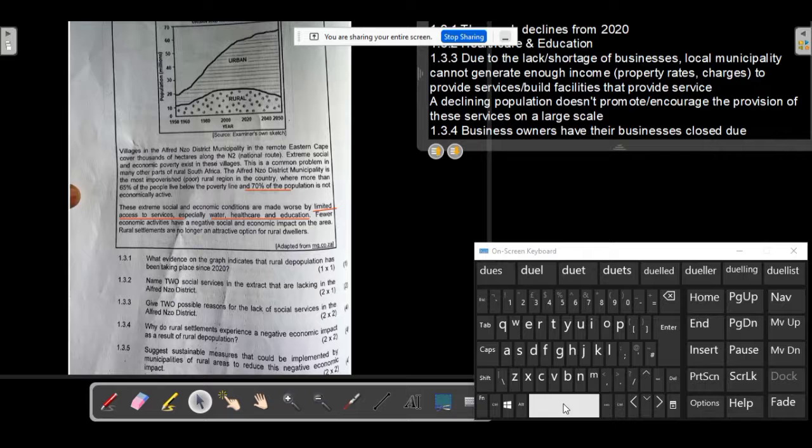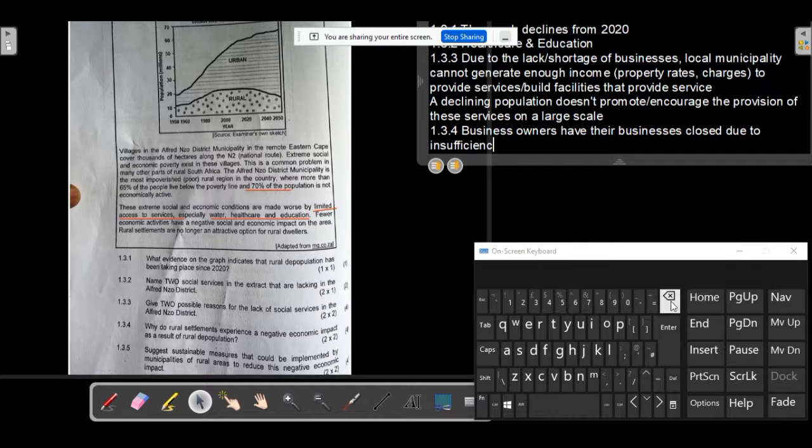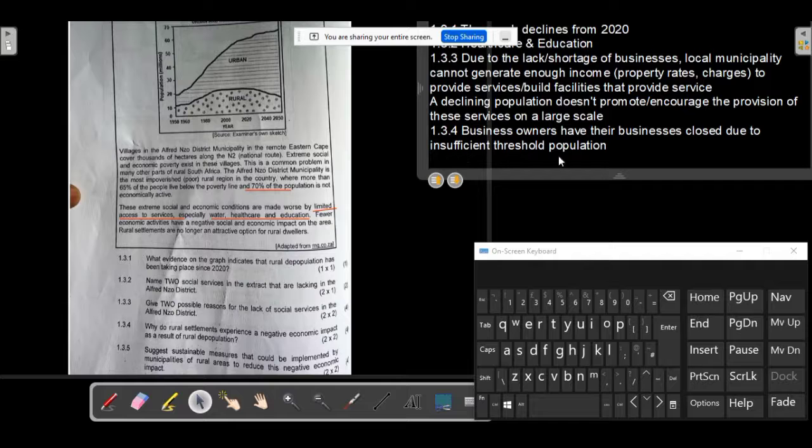Remember, guys, you need a certain number of people in order to generate a profit. Because now a lot of people are moving out, you no longer have enough people to support your business, and so you close down. That's a negative economic impact. You lose money, because you could have generated income there.